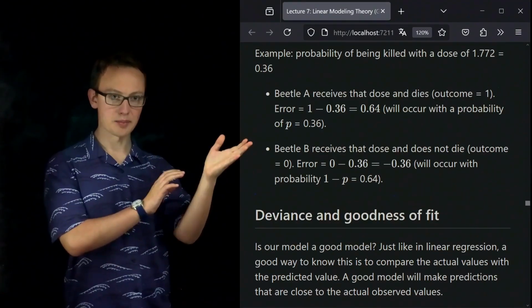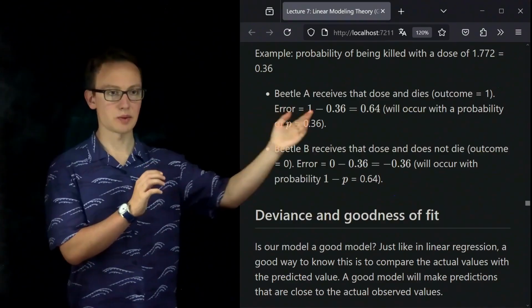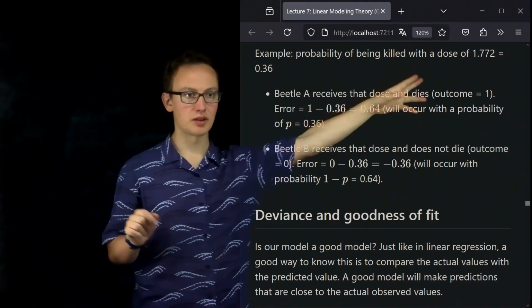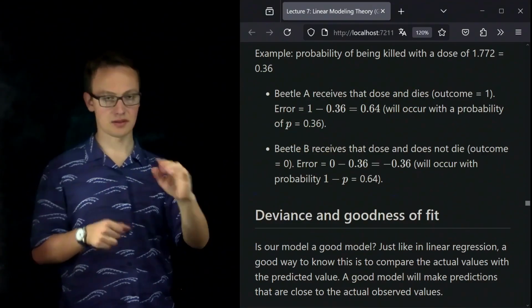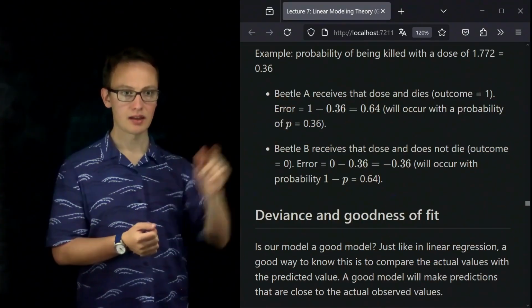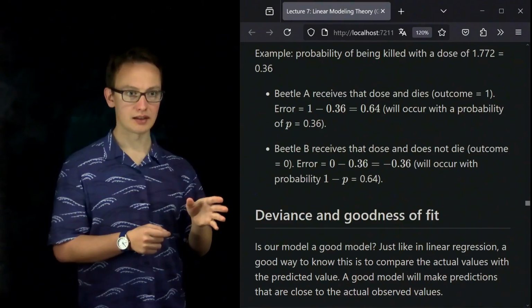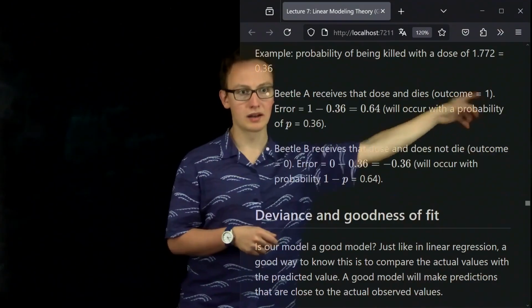And just a quick example of how to compute such an error concretely. So let's say we have our predicted probability for a beetle being killed with a dose of 1.772, which, as we established before, is 36%. Now, let's say we have a beetle A, which receives this dose, 1.772, and it dies. That is represented by the outcome 1.